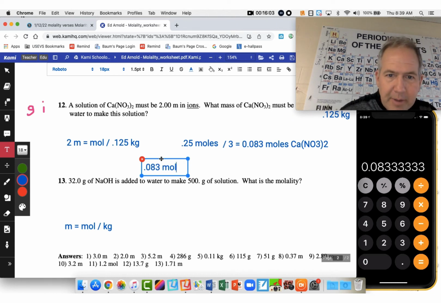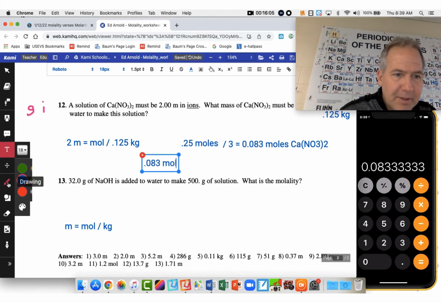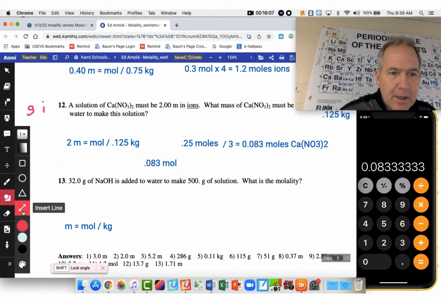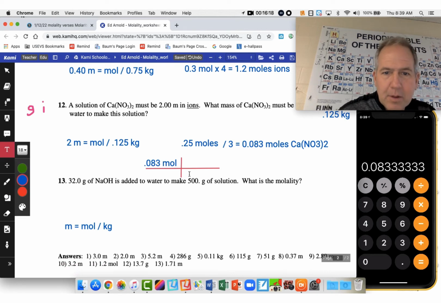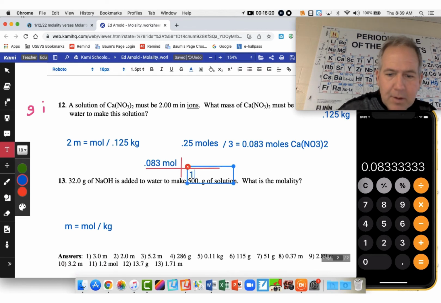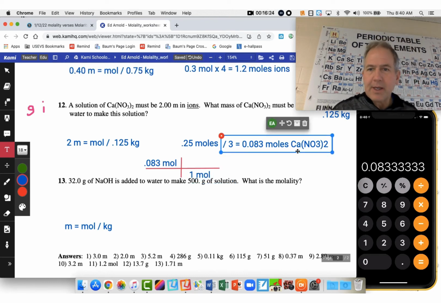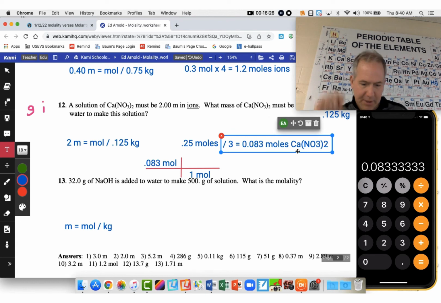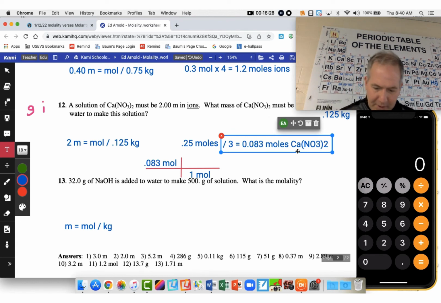And let me make this up a little bit higher. Let me get my straight line. And let me draw my factor label. So I'm in moles. 1 mole on the bottom. Remember, it's always 1 mole in the factor label. And then on top is the mass of the calcium nitrate. So calcium is 40.